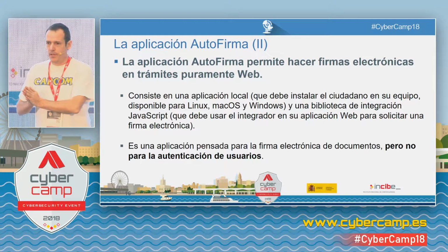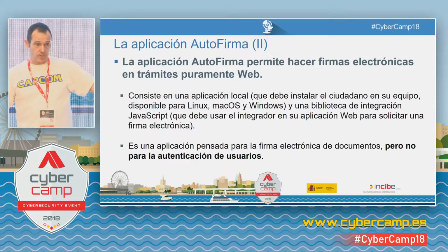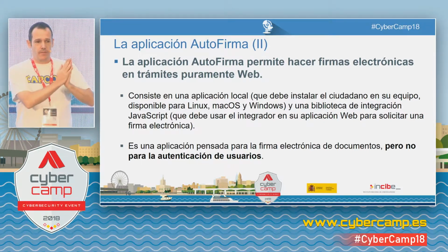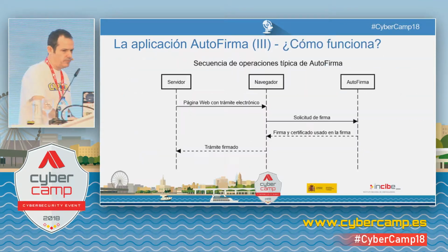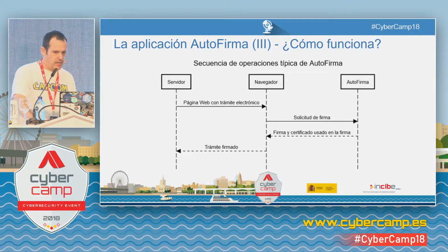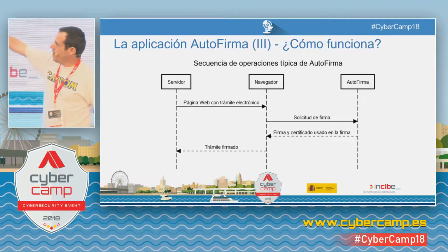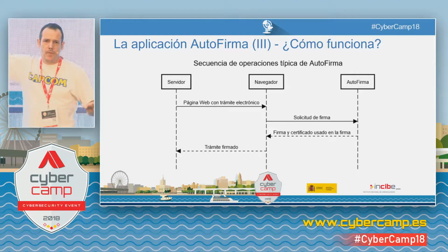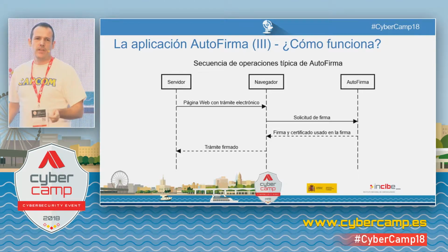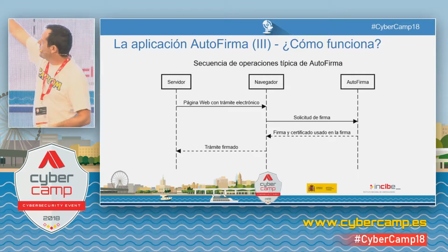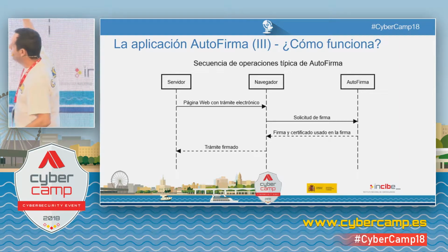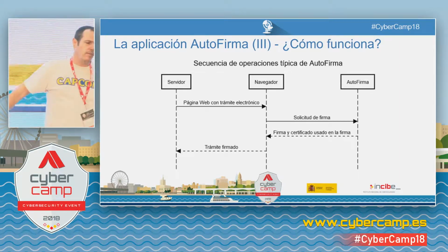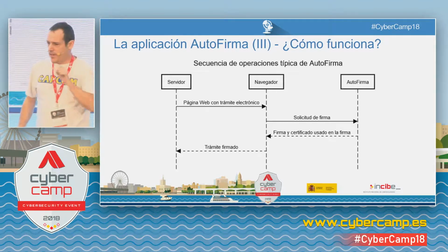Self-signature has a feature that allows it to be invoked from a web app. Then from there it goes to signature, and the signature comes back to the web app, and I go ahead with my processing. Okay, this is a typical sequence. The server says, I have a website that is asking me to perform a process, and then the browser invokes the self-signature app, and then I sign it, and then it is returned.